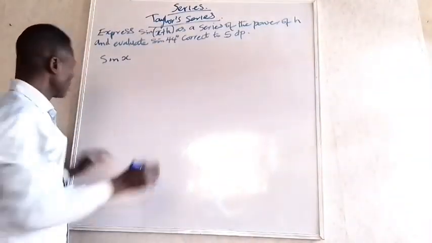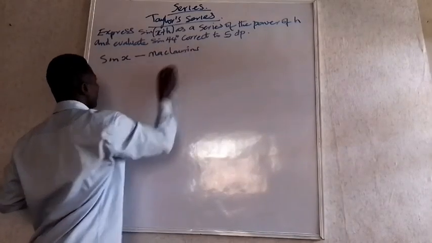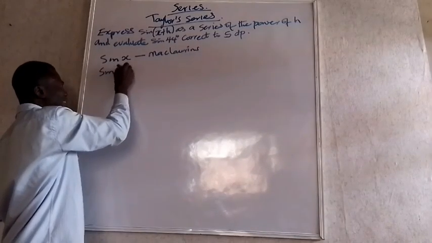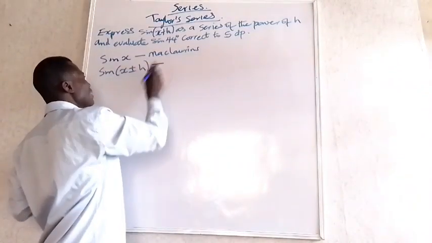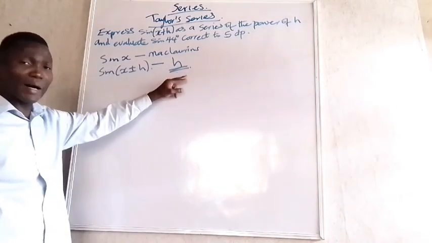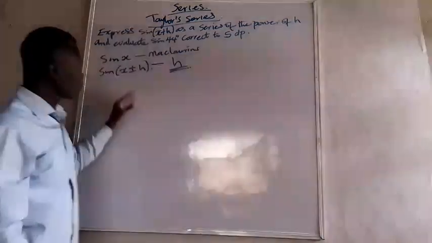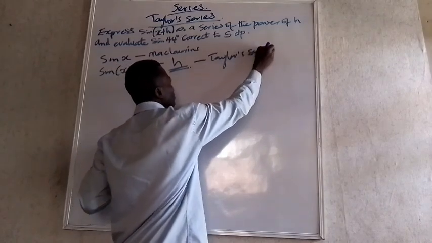Here we use Maclaurin. But when we have something like sine of x plus or minus h, I'm trying to make the distinction, this one will be expressed in the powers of h. Please take note, in the powers of h. And in this case, we use Taylor series.